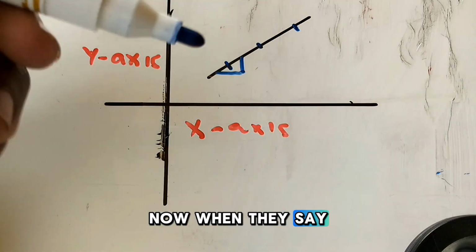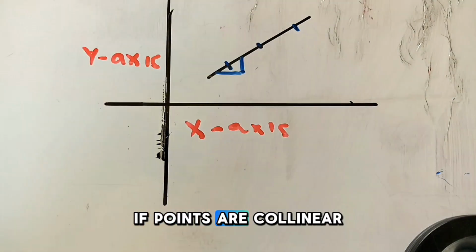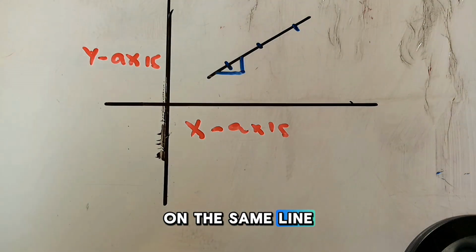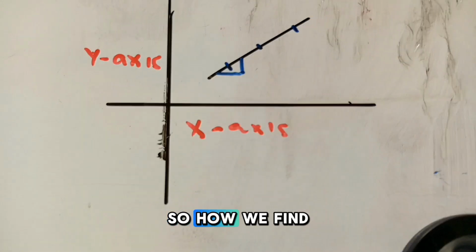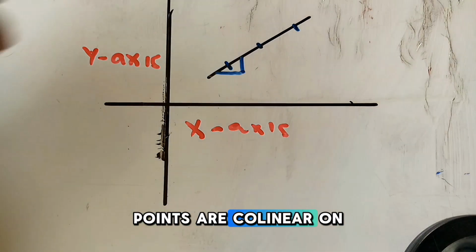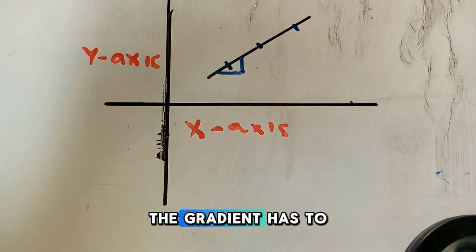Now, when they say collinear, if points are collinear on a line, they mean they lie on the same line. So, how do we find if points are collinear? To find if certain points are collinear on a line, the gradient has to be the same.